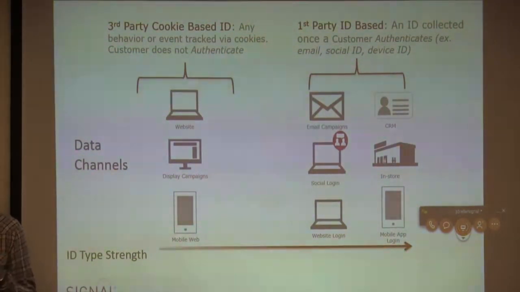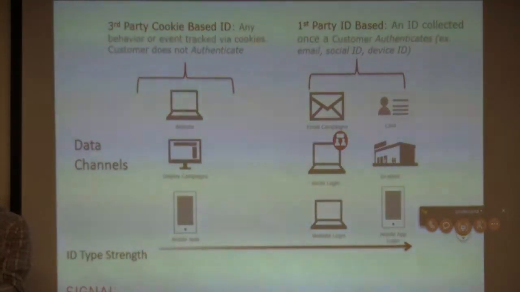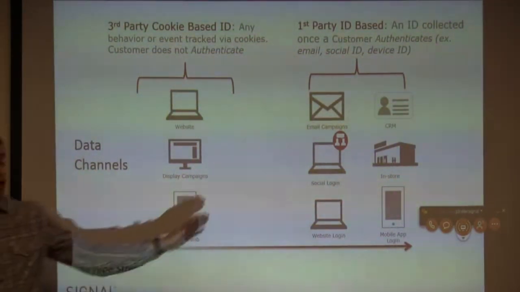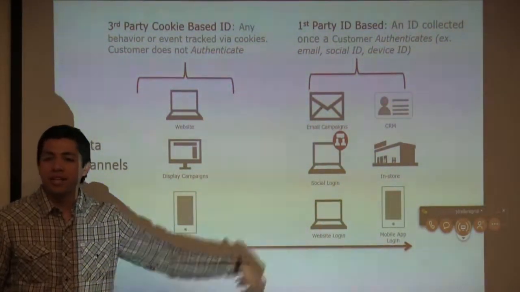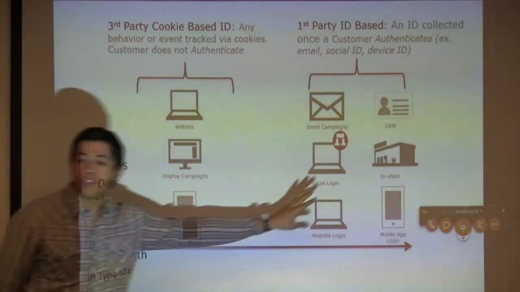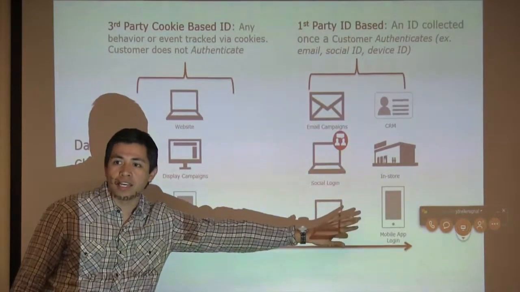One, the customer actually said, this is me, this is my email. It's coming straight from the customer. Second, it doesn't have an expiration date, so you can use it for months, years. But there are a lot fewer of them, a lot fewer authenticated. So there are strengths and weaknesses, but signal strength is on the first-party authenticated side.